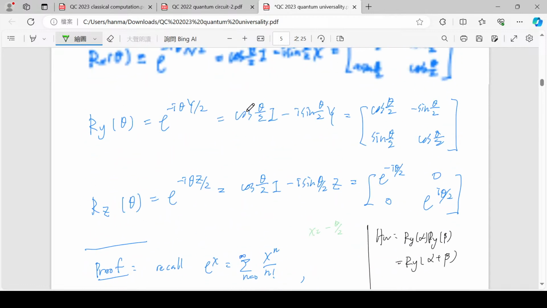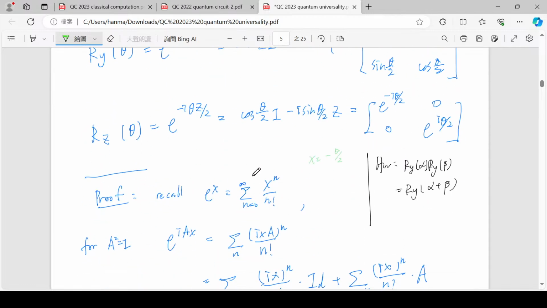And anyway, so we do the Taylor expansion for exponentiation. Remember e to the x equals the summation n from 0 to infinity of x to the n over n factorial.